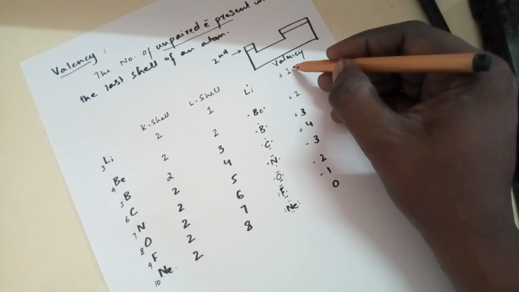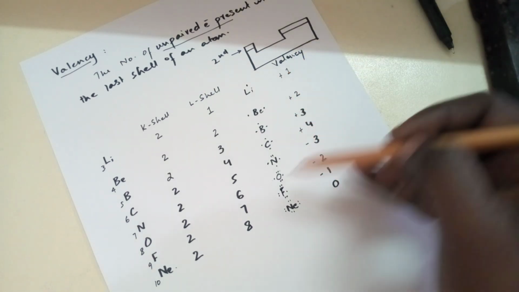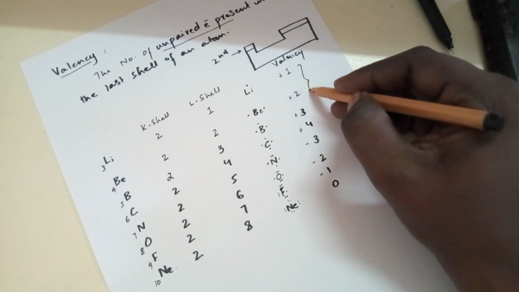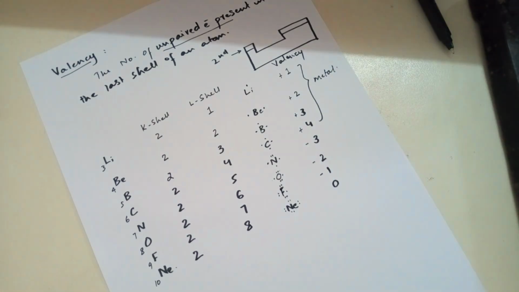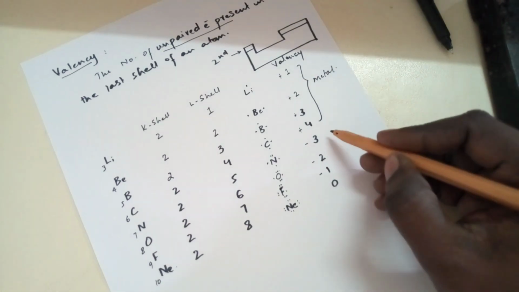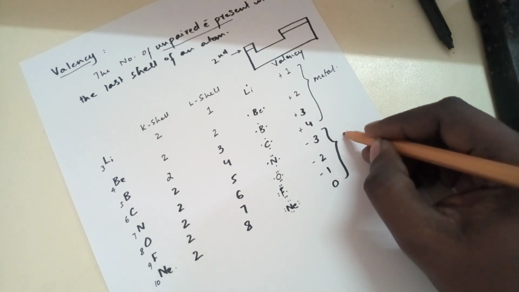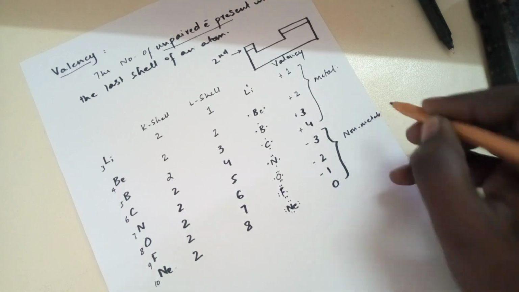The elements having a positive valency, meaning having a plus charge along with their valency, means that they all are metals. They have the capability to lose electrons. And those having a minus valency, they are basically non-metals, right? ठीक है.